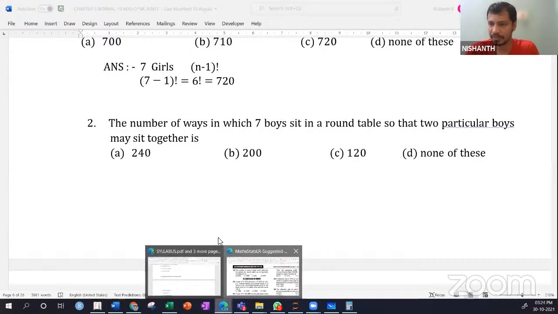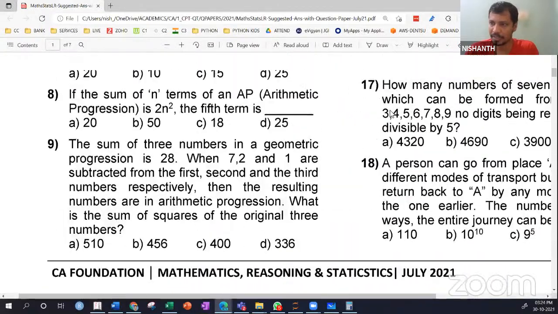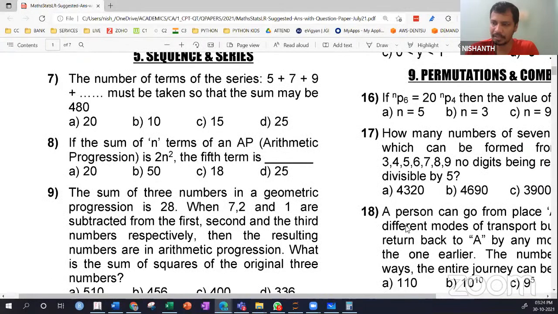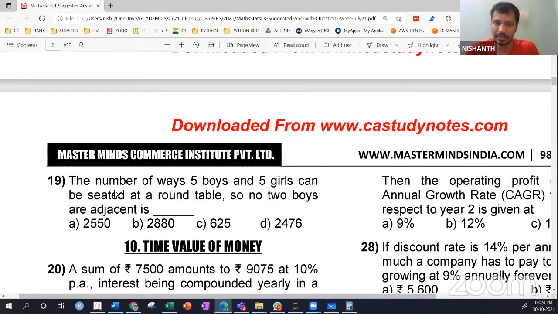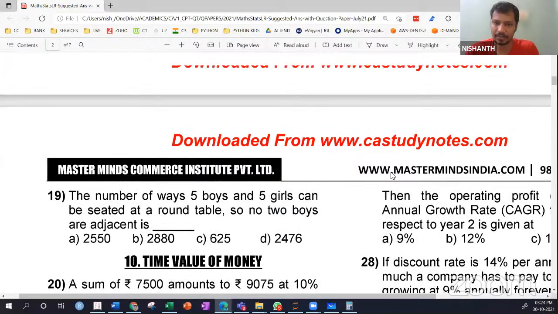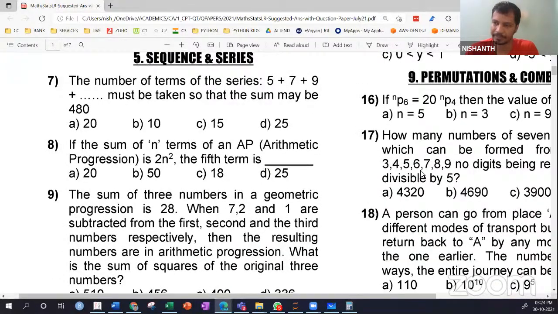Worst case scenario, even if you have got this problem wrong, in permutation, looking at this chapter, you should get 3 marks and minus 0.25 if it goes wrong. So 3 and 2.75 marks is what you can expect. That's the best you can get from this chapter.